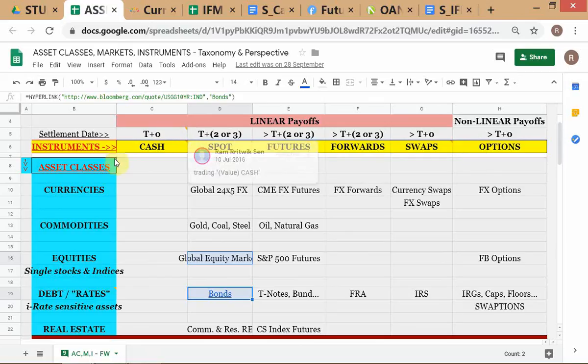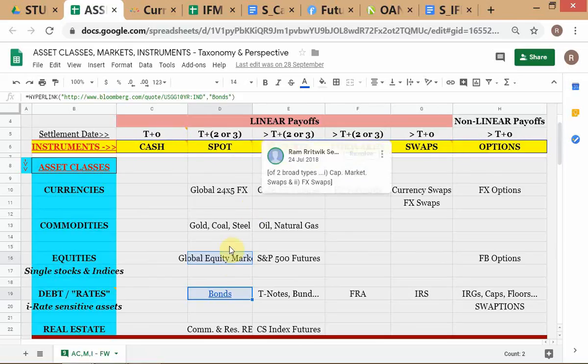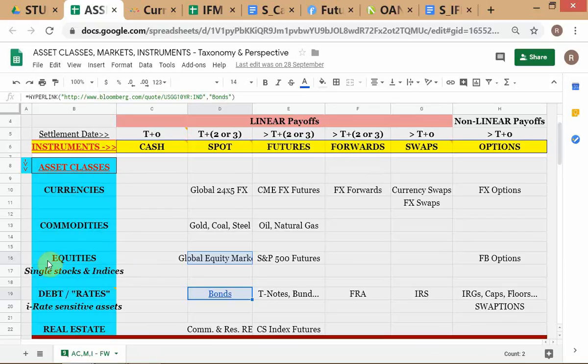The TAM fellows are not allowed to use these for speculating, whereas here you can operate across the spectrum. You can go into any of the asset classes, any of the instruments, and additionally you can be long or short, which is what you have done in your projects. We have allowed you to go both long and short.